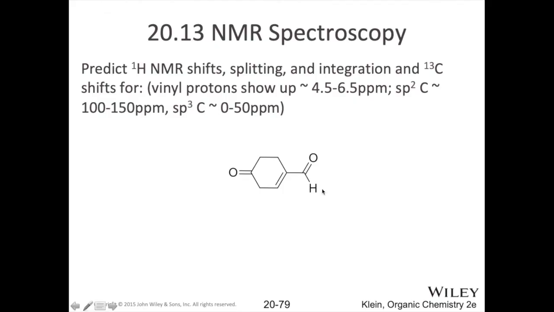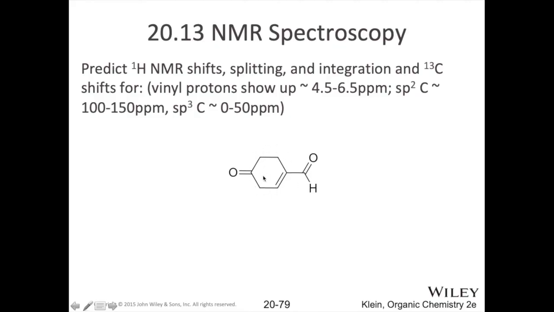So for our proton NMR, basically our vinyl protons show up pretty far downfield, right? At about 4.5 to 6.5 ppm, because they're attached to that carbonyl there. Oh, quick thing to notice here, by the way, this is not a benzene ring.